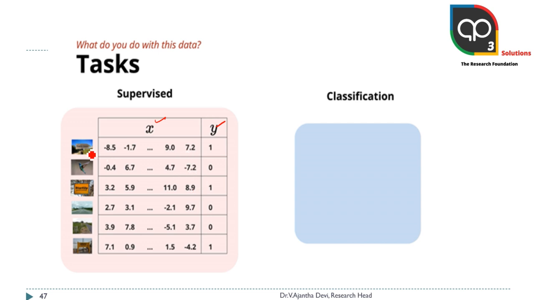So in this case, I have a lot of images, and the label here tells me whether the image has text or not.